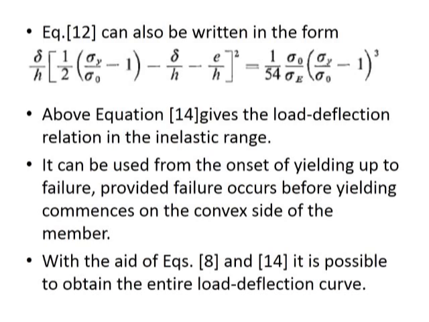The above equation 14 gives the load deflection relation in the inelastic range. It can be used from the onset of yield up to failure, provided failure occurs before yielding commences on the convex side of the member, which adds to equation 4 and equation 14 given above.